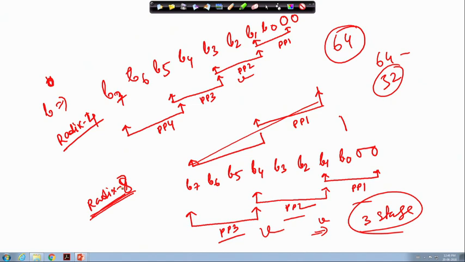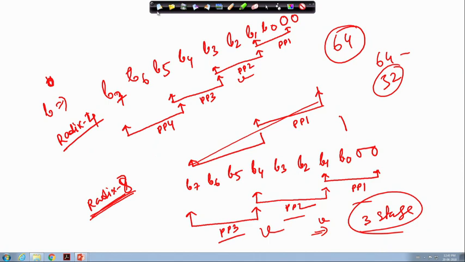So whenever you are designing, you should be careful for what purpose and for what number of bits you are considering for the multiplication. At that time, if you choose Radix-8, does it give you the benefit or not? If it gives you the benefit, you can go ahead; otherwise you have to be satisfied with the lower radix. So this is the main fundamentals of the Booths decoding technique.